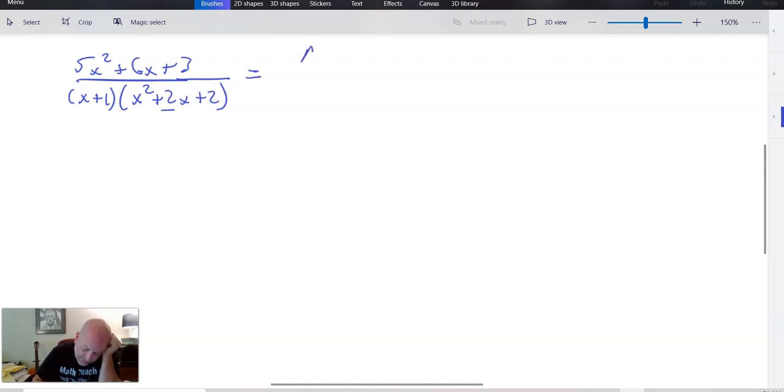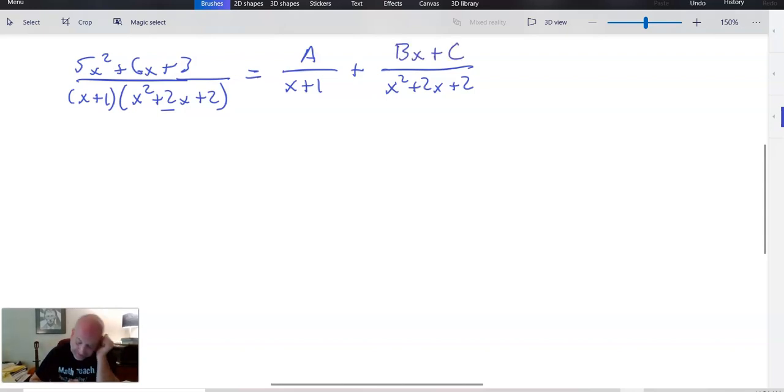So the linear factor gets a constant numerator, and the quadratic factor gets a linear numerator. So this is now bx plus c, right?